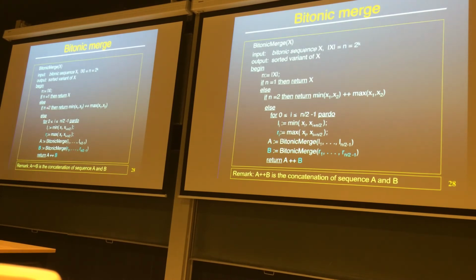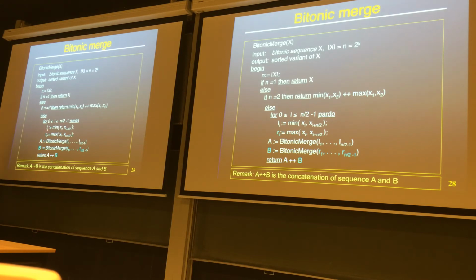If n equals 2, then what you do is you compute the minimum and you compute the maximum and you just glue them together. You concatenate the minimum and the maximum, and there you have your sorted variant. If n is larger than 2, then you compare the elements from the first half with the elements from the second half by means of this LS and RS procedure.